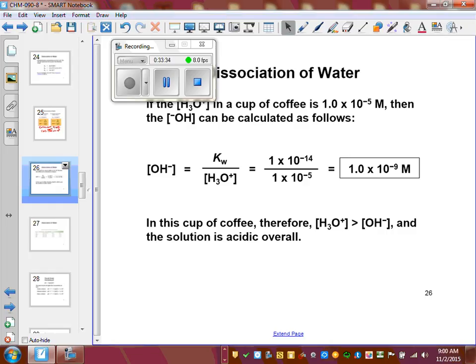So if I compare the two concentrations, the concentration of H3O plus is greater than OH minus, which means the solution is acidic, and coffee is acidic. So a lot of people have trouble drinking coffee. It upsets their stomach because you're adding more acid.